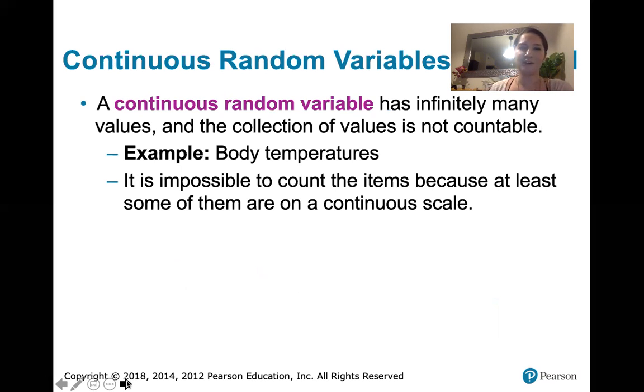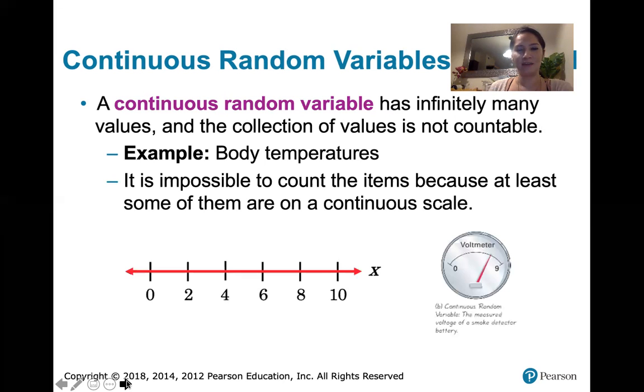It's impossible to count all the items because at least some of them are on a continuous scale. For example, we can't count all of the numbers between -infinity and infinity. It wouldn't necessarily have to be the entire real line to be a continuous random variable. The values do not have to go from -infinity to infinity.